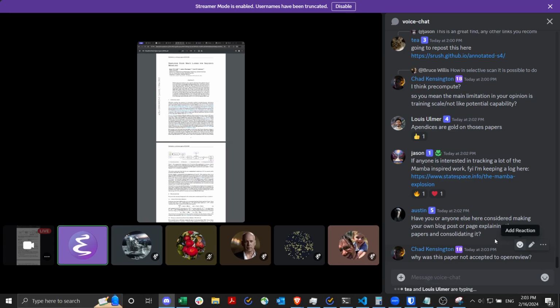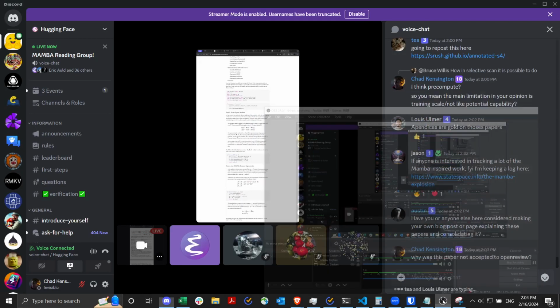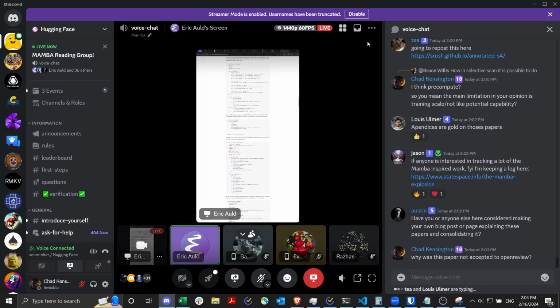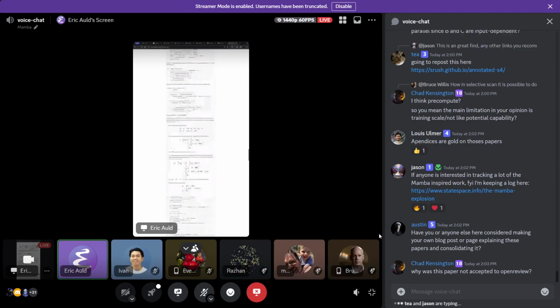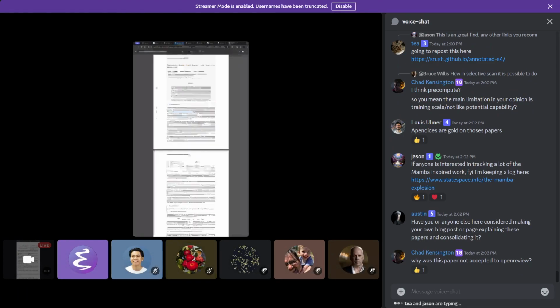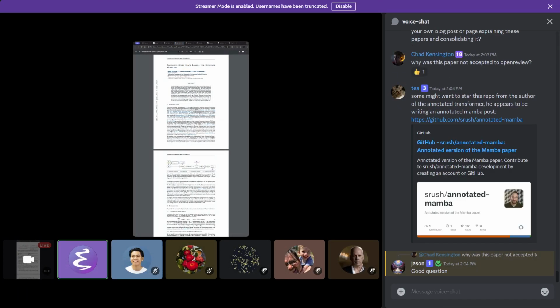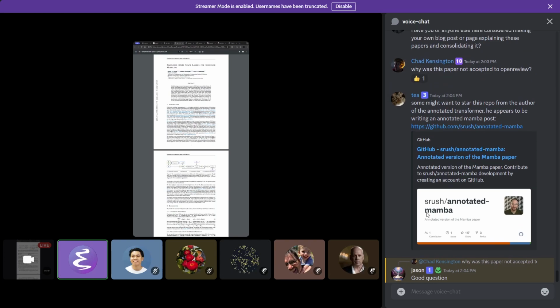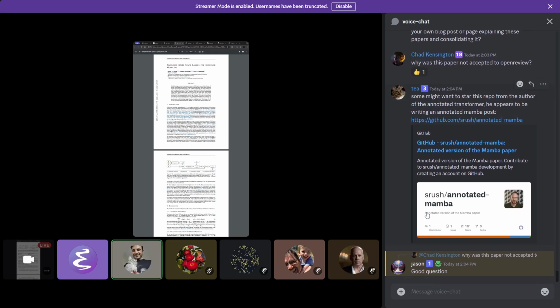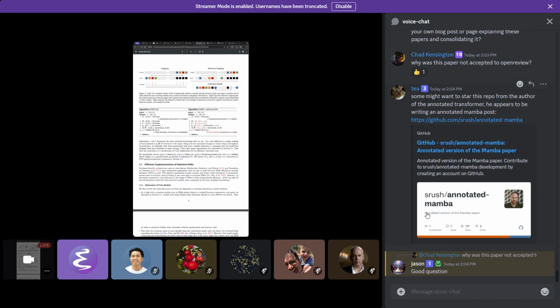So if you read the annotated S4, which you should, and then you want to move on from there, you could look at the abstract of S5, which is this paper, which, by the way, is not written by Albert Gu or Tri Dao, or those folks. It seems to be something coming in from the outside. And then look at the innovation of Mamba and maybe start with Mamba Minimal.